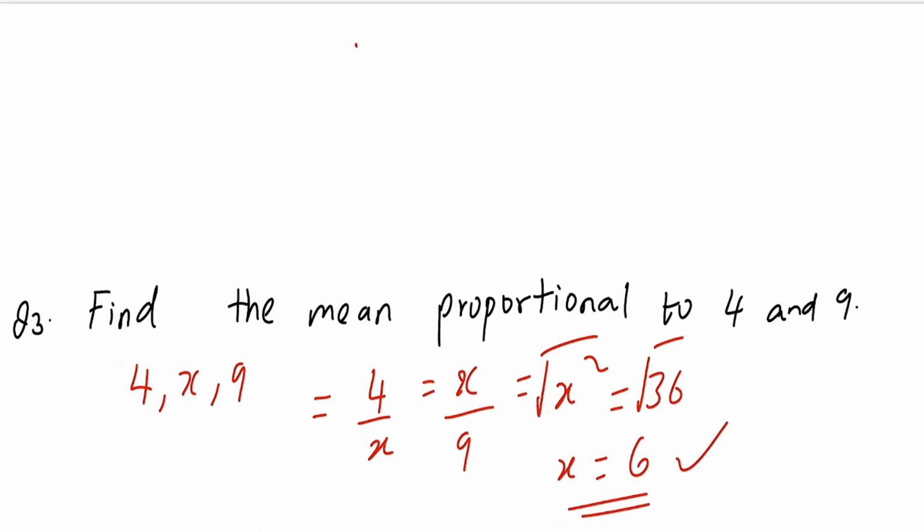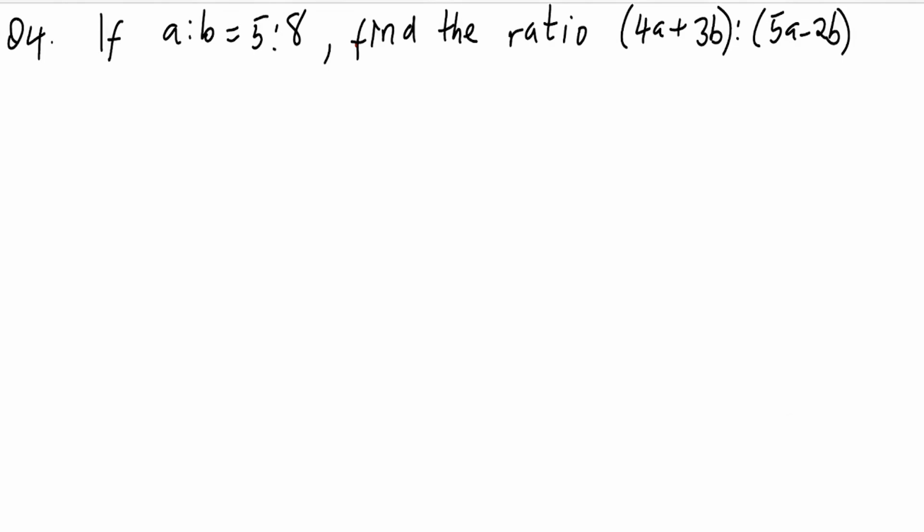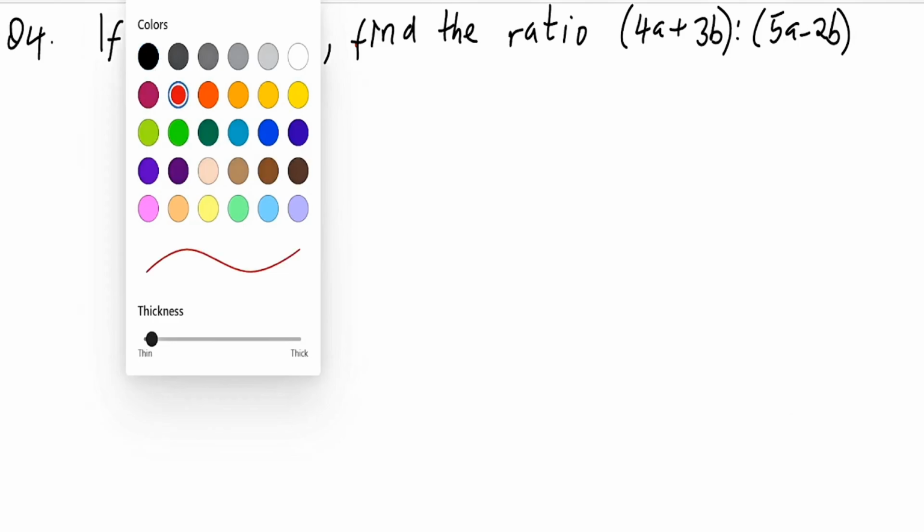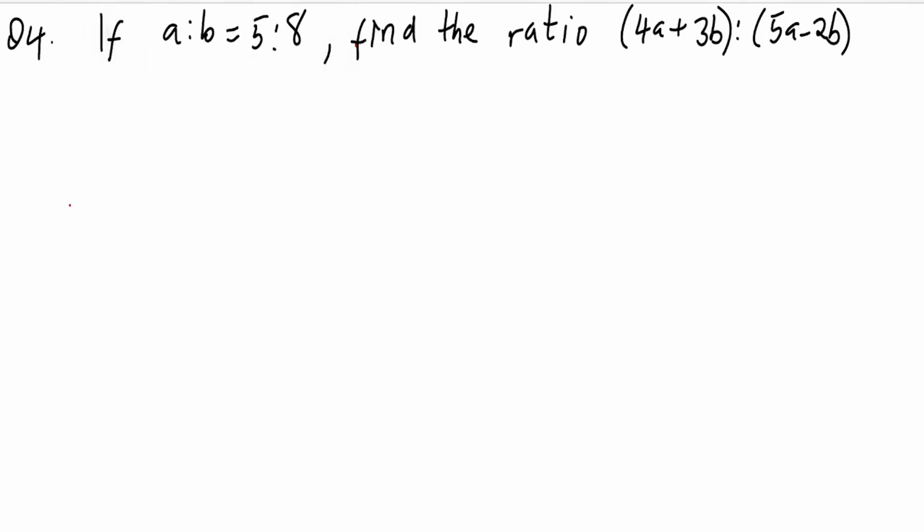Let's go to the other question. Okay, question 4. If a is to b equal to 5 is to 8, find the ratio of 4a plus 3b to 5a minus 2b. So the simplest way is just this. Where you see a you replace with 5, where you see b you replace with 8.